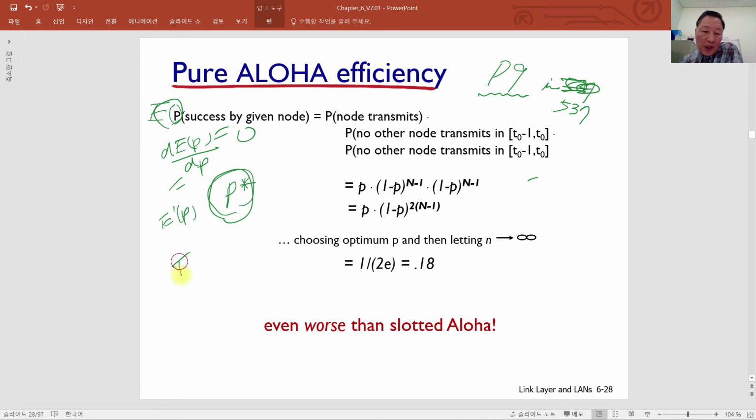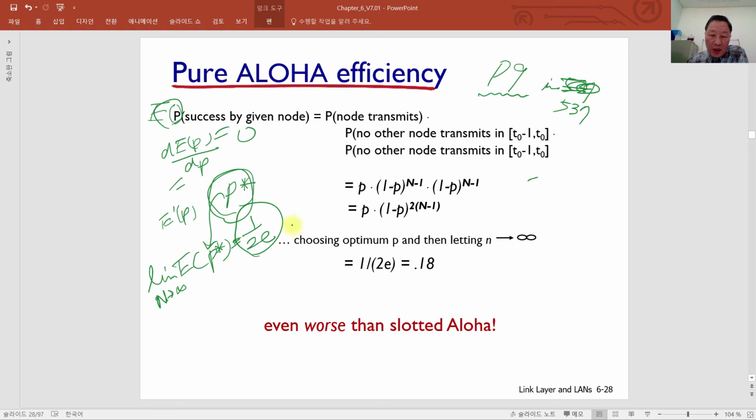And here, if we simply put it in here, and if the number of nodes goes to infinity, we can get this one, half of the previous one.